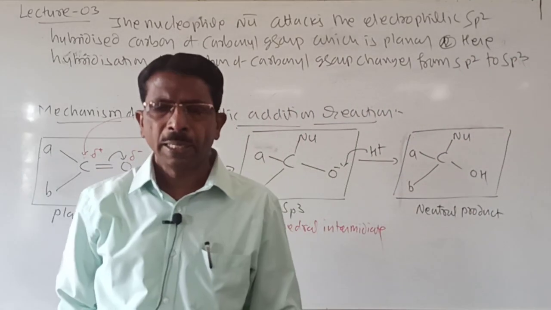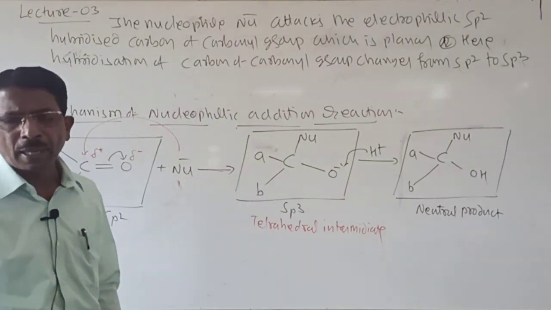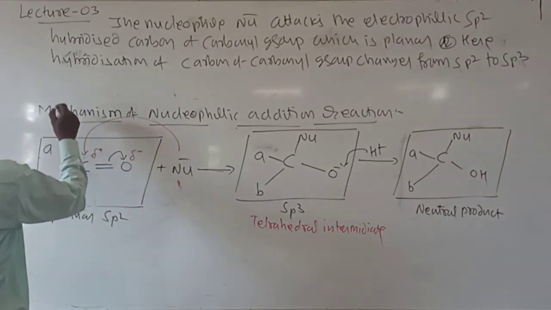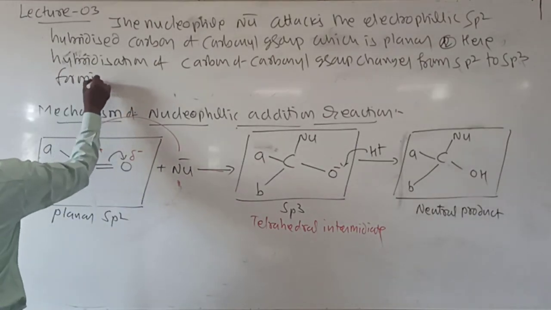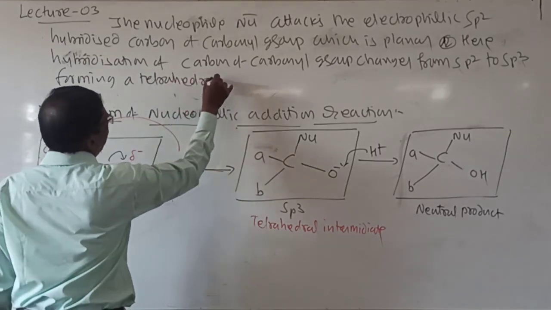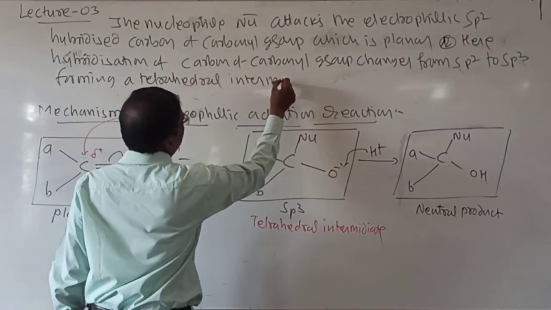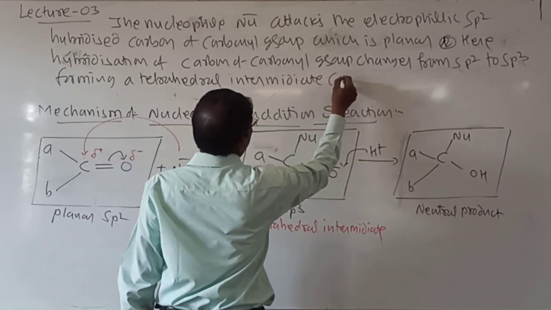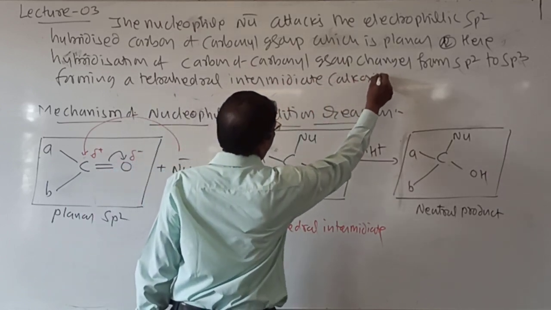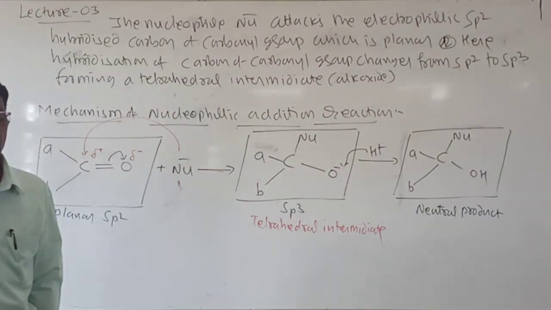Look here student, it changes from sp2 to sp3. The tetrahedral intermediate is also called an alkoxide.